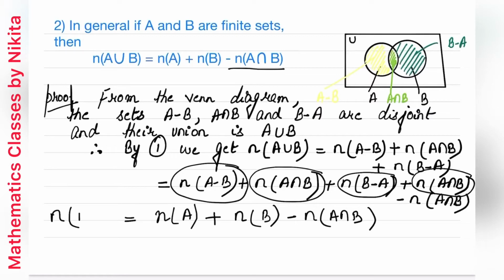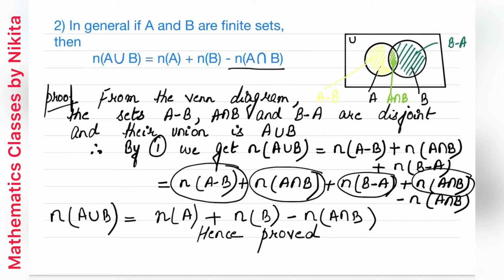So therefore the number of elements in A union B is nothing but the number of elements in A plus the number of elements in B minus the number of elements in A intersection B. So hence proved. See, what happens is when you are finding the union, why are we subtracting the common elements?